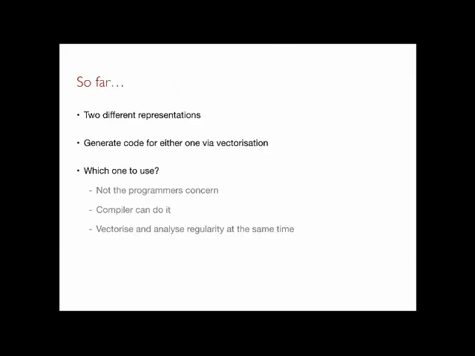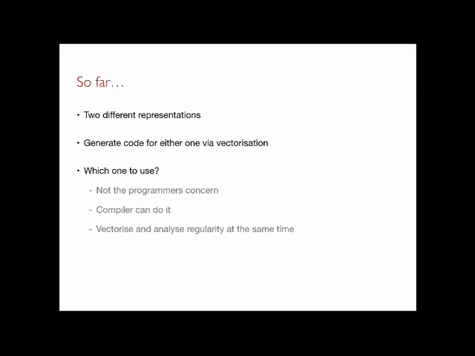Our story so far is that we have two different representations. And we can generate code for either one, so the programmer doesn't have to write the code to work with these representations. It can all be hidden under the hood. The only real question left is which one to use. This is something we would like the programmer not to have to deal with.